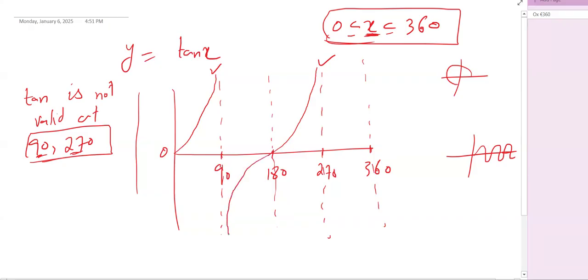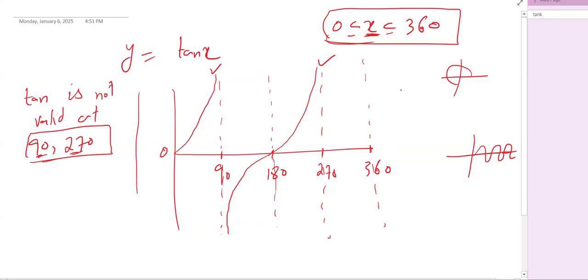Because 90 is an asymptote, it should not touch that one. 270 is an asymptote, so it should not touch that one. In the same way, now from here, I have to sketch next.